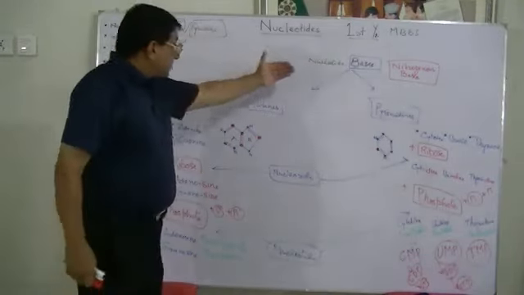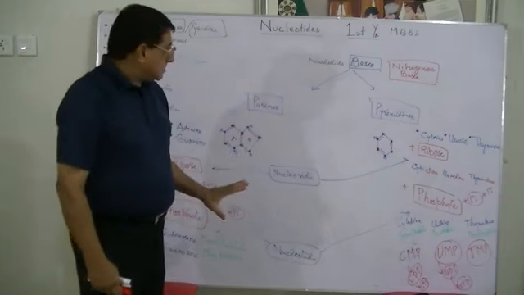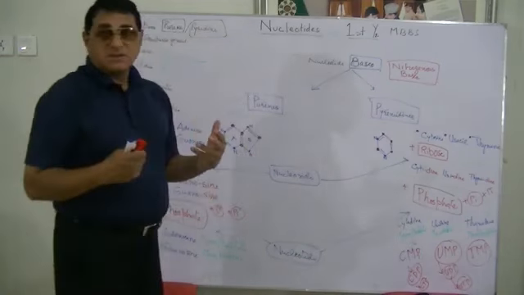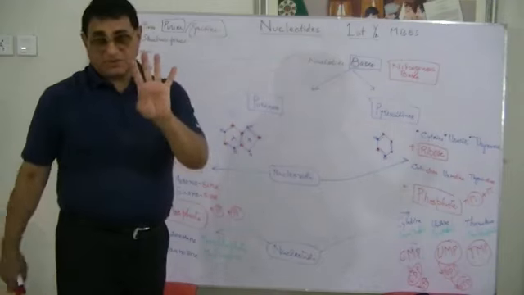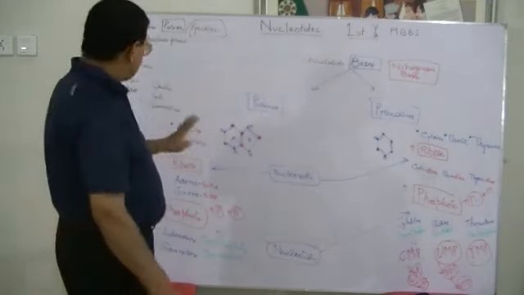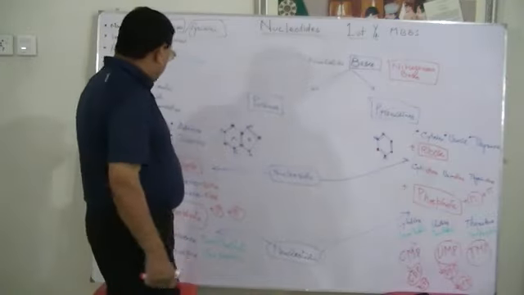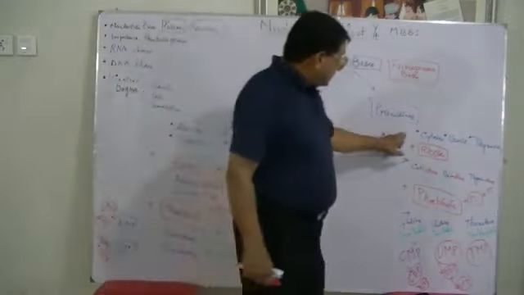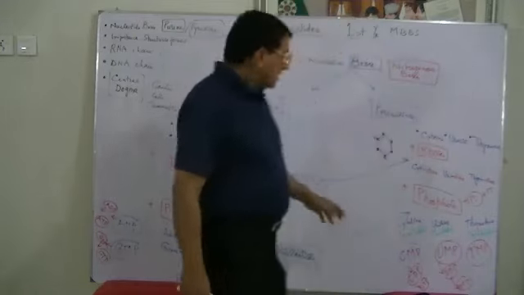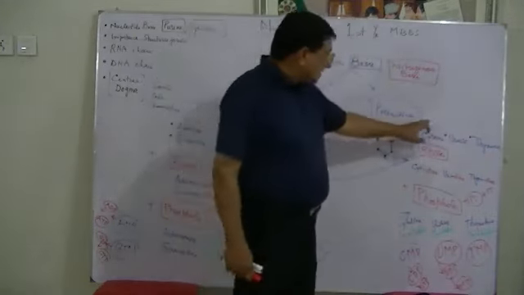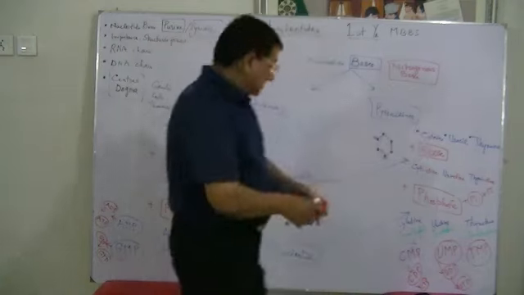Then what are nitrogenous bases? These bases, there are five types of bases. Adenine, guanine, cytosine, uracil, and thymine. 2 are purine bases, 3 are pyrimidine bases.